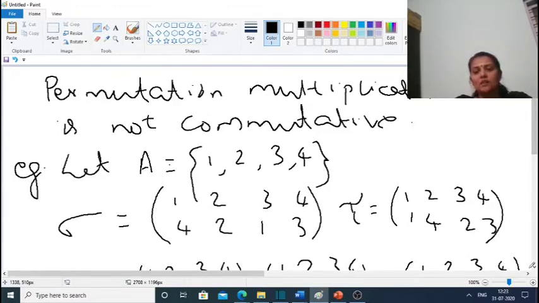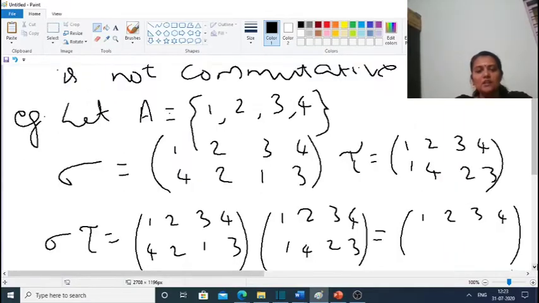Then tau is equal to 1 2 3 4 over 1 4 2 3. Then sigma tau is 1 2 3 4 over 4 2 1 3 composed with 1 2 3 4 over 1 4 2 3. Here 1 goes to 1, here 1 goes to 4, so this is 4. Here 2 goes to 4, 4 goes to 3.